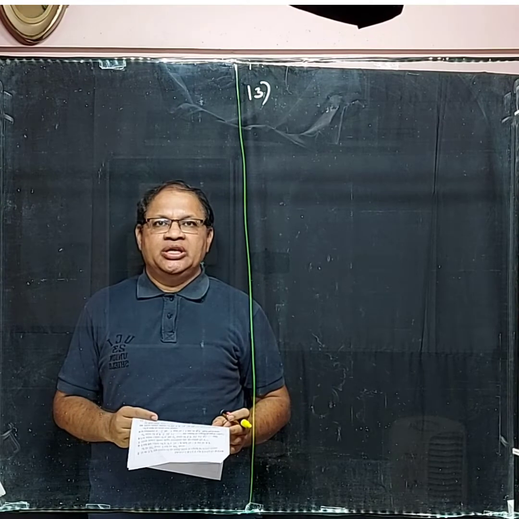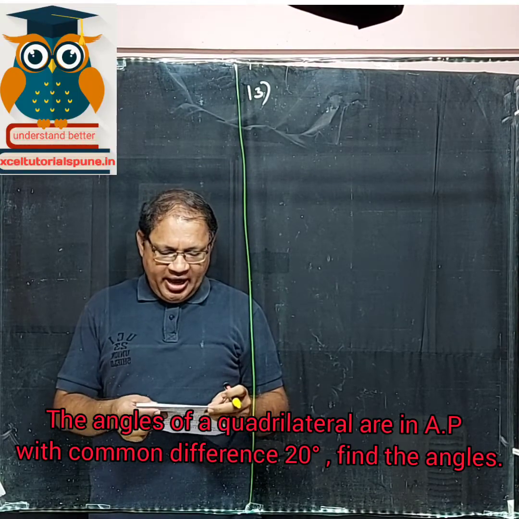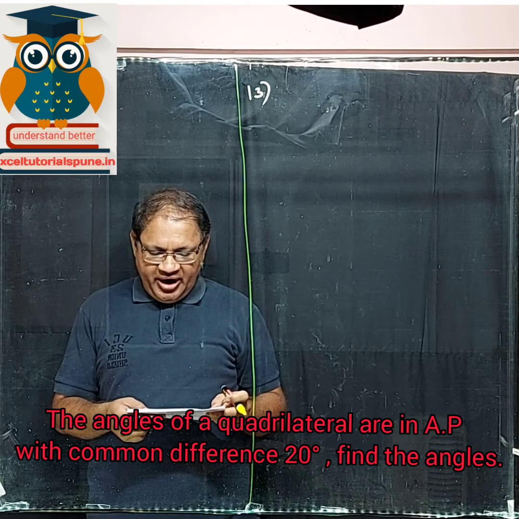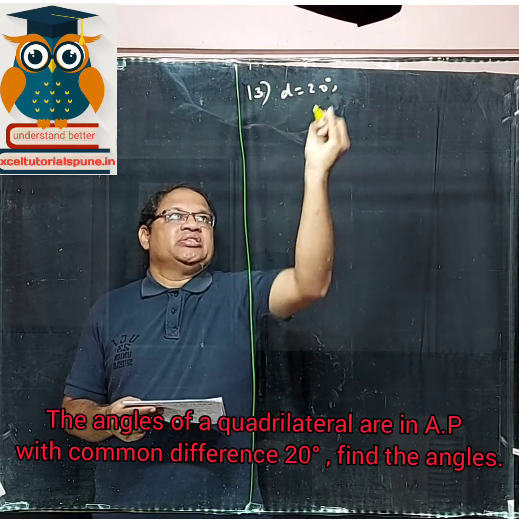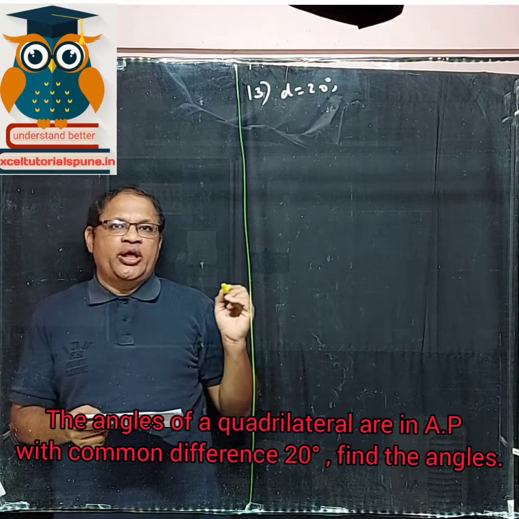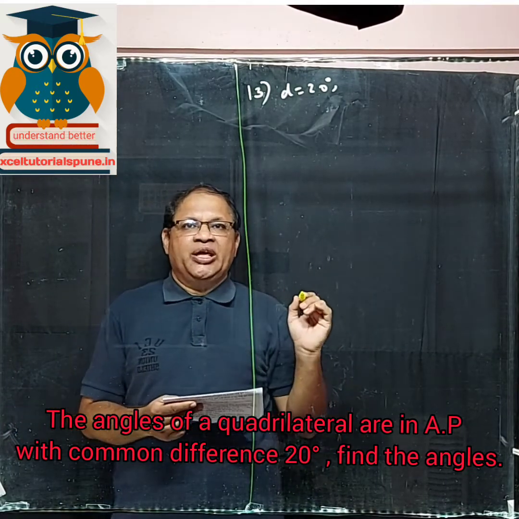We start with the 13th sum. The angles of a quadrilateral are in AP with the common difference 20. Find the angles. So common difference is given, 20 degrees. And the angles, you know, in a quadrilateral 4 angles are there. So 4 angles, how do you take when you have to take it in AP?